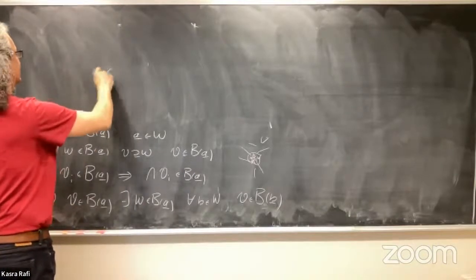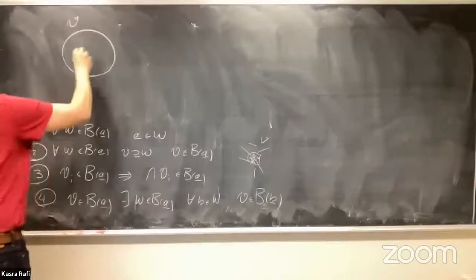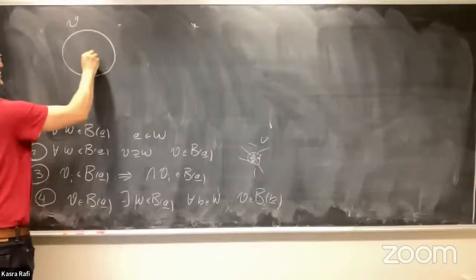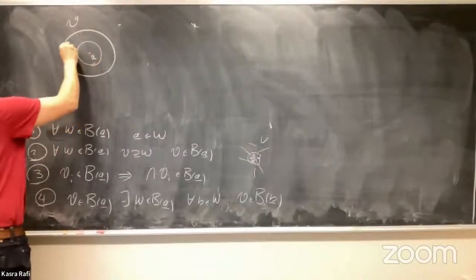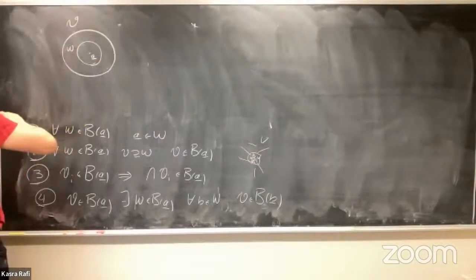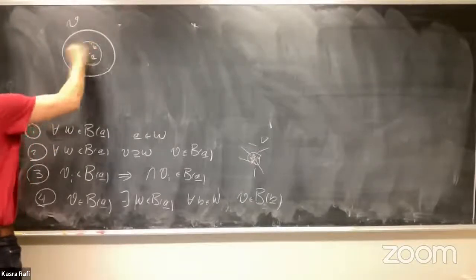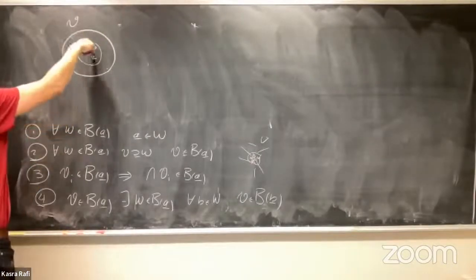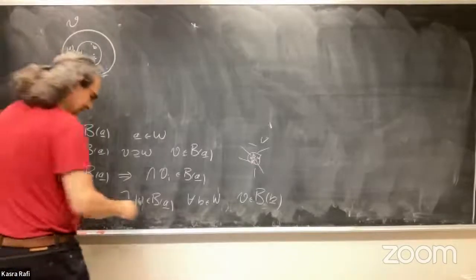So the picture is you have your V, which is a neighborhood around A, and you want to find a smaller neighborhood, let's say W, around A, such that if I pick a point B, the V is a neighborhood of B. Well, what are the neighborhoods of B?